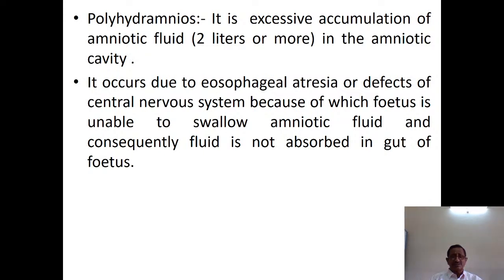So, in polyhydramnios, you can diagnose esophageal atresia, whereas if it is oligohydramnios, it may be due to renal agenesis. So these are the two conditions of amniotic fluid which can help diagnose certain important diseases in the embryo.